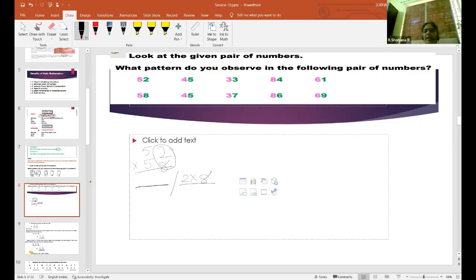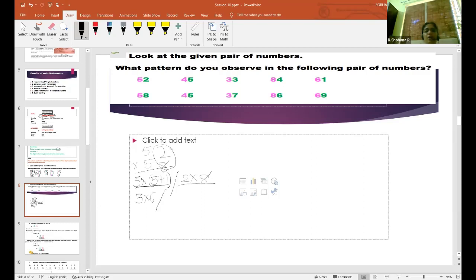Is this clear, teachers? The second part will be the number which is already there, multiplied by one more than itself. The tens digit is 5, so it is 5 into 5 plus 1, which is 5 into 6.